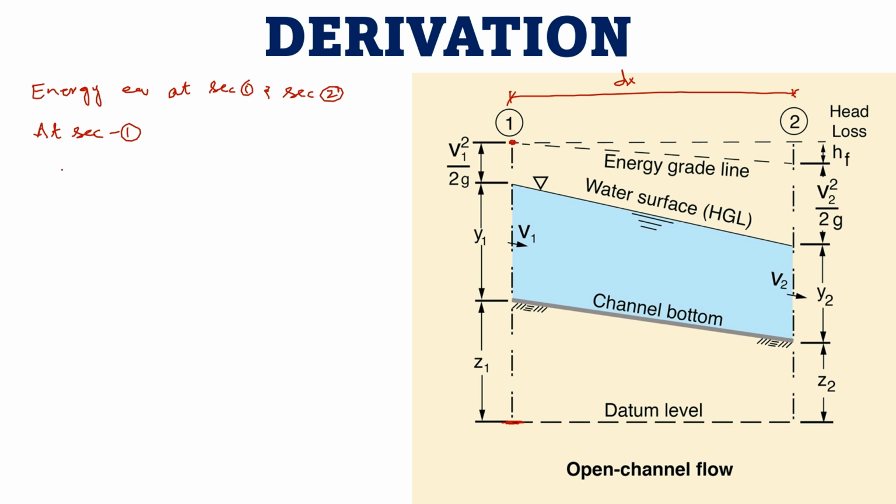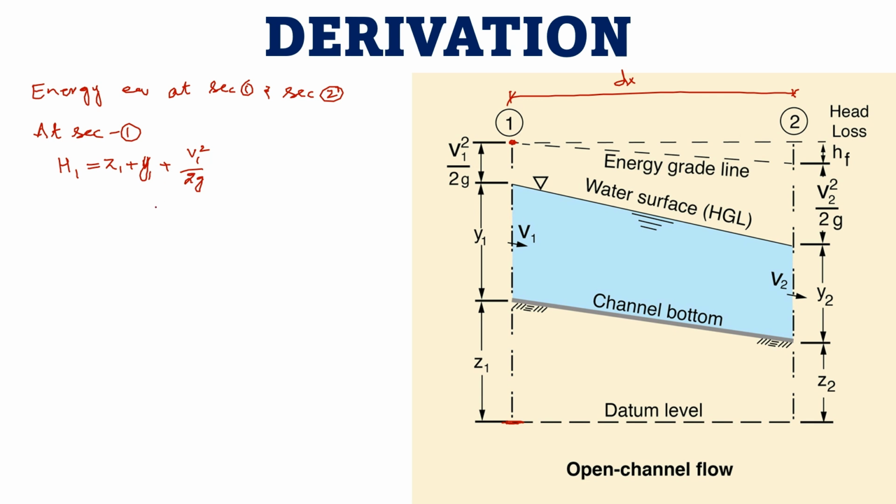The total head, or total energy, at section 1 is H1. It is comprised of three things: Z1 plus Y1, that is elevation head plus pressure head, plus velocity head V1 square over 2g. This is at section 1.